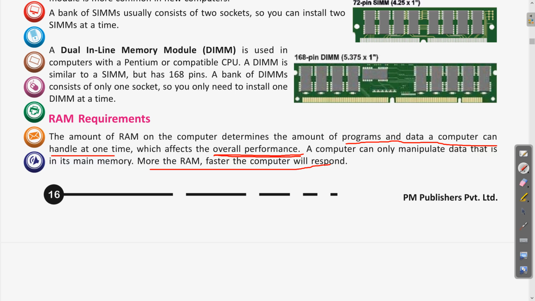Clear? So this is what we are talking about: if the size of RAM is bigger, then the computer performance will get enhanced and a quicker response will be obtained while using the computer. Clear? So this is the requirement of RAM.